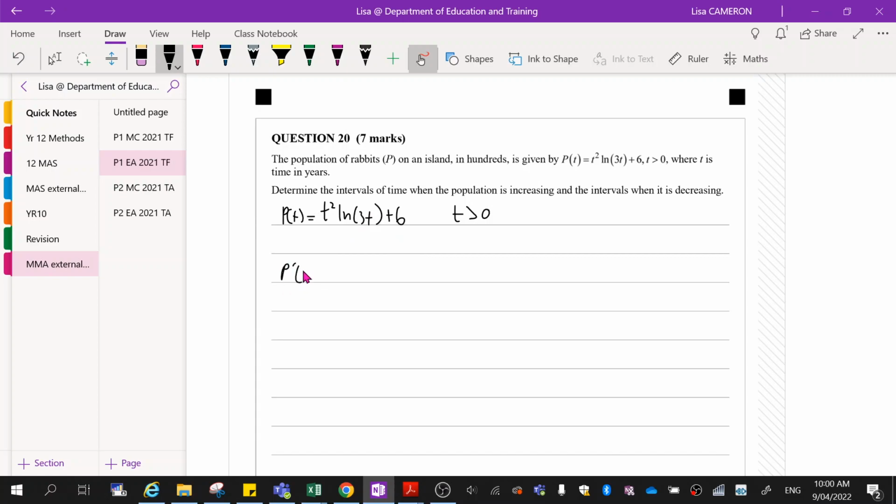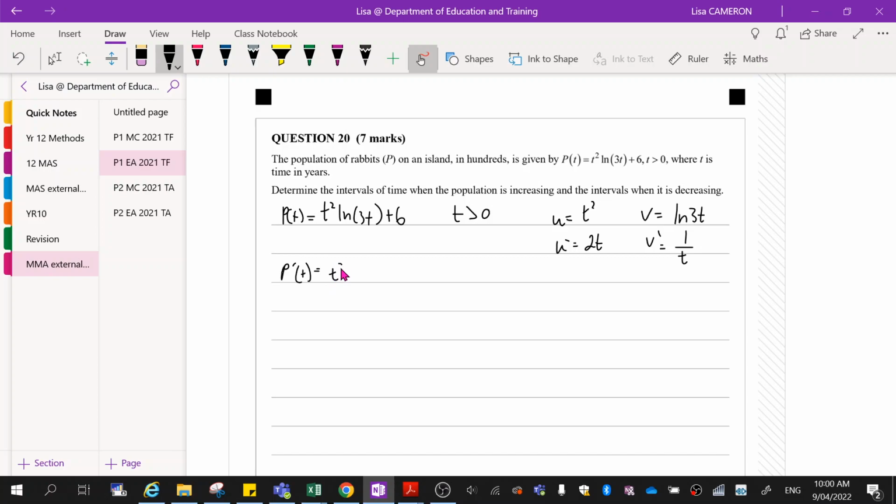So P'(t): we're going to let u equal t squared, derivative of u be 2t, v equal ln 3t, and v dash equal, derivative of this will be 3 over 3t, which will simplify to 1 over t. Okay, so now I'm going to put it all together in my product rule.